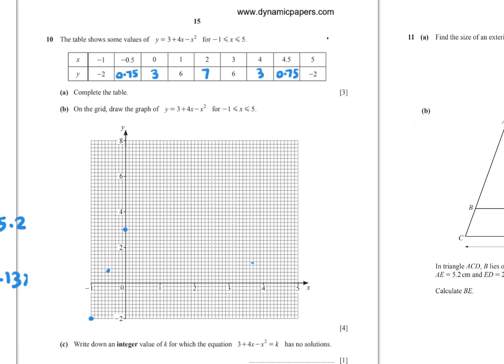One and 6, so 1 and 6. Next point 2 and 7. 3 and 6. 4 and 3. 4.5 and 0.75. 5 and negative 2.